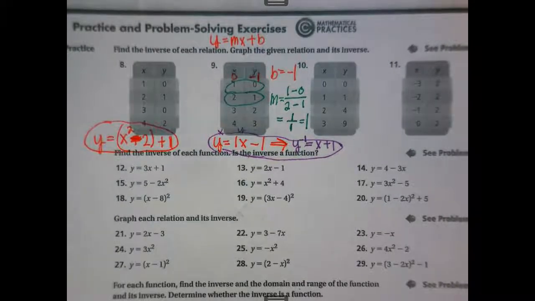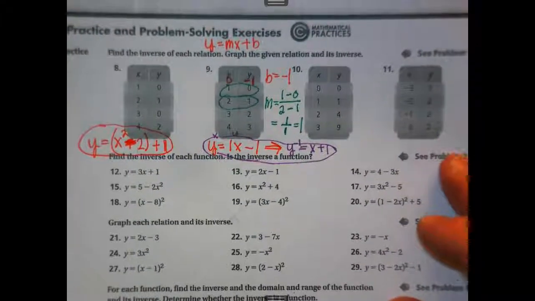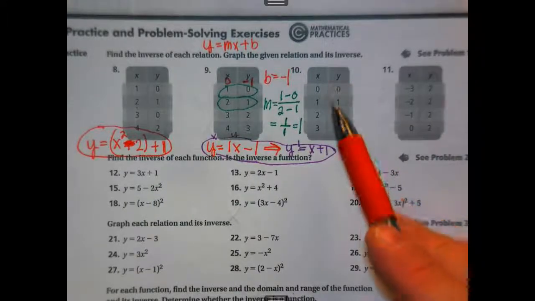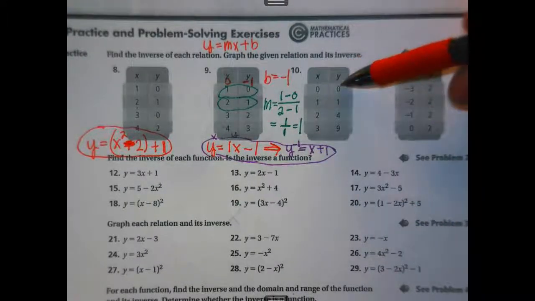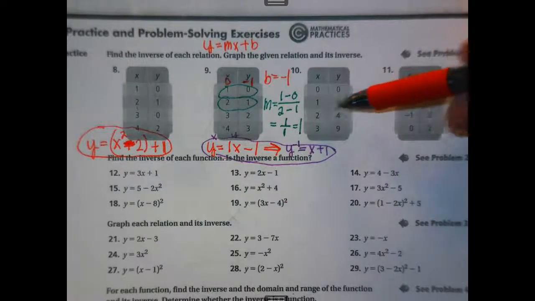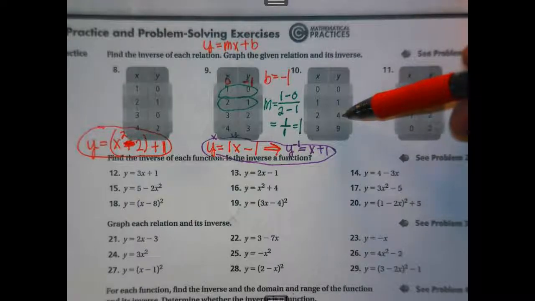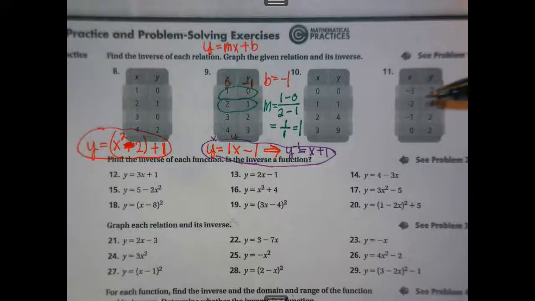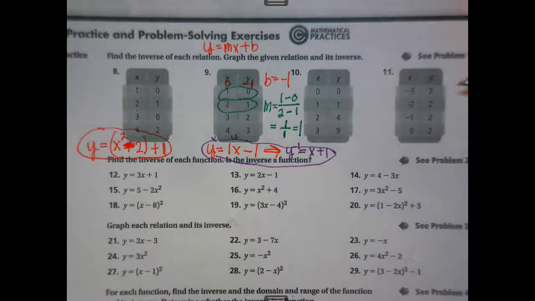Number 10, does anybody know what kind of function that is? Think about this. X is 0, y is 0. X is 1, y is 1. X is 2, y is 4. It's being squared. What kind of function is being squared that we learned last semester? Remember?